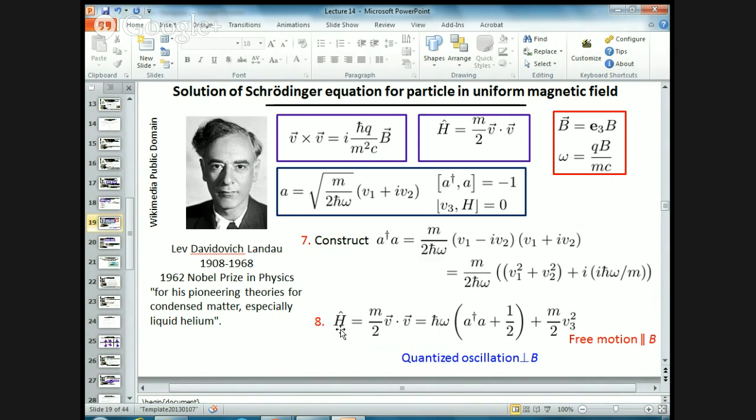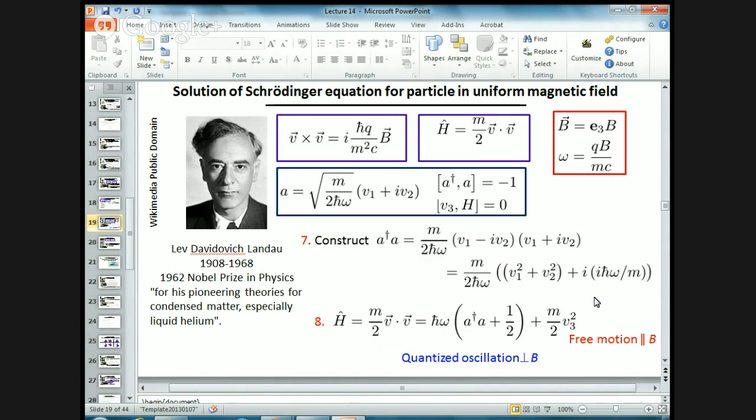And so it turns out the Hamiltonian can be written like this. It is the Hamiltonian of a one-dimensional harmonic oscillator with energy h bar omega and zero-point energy h bar omega over 2, and then the free motion along the b direction.